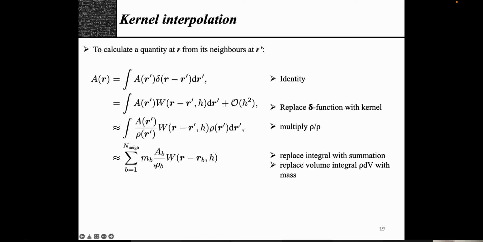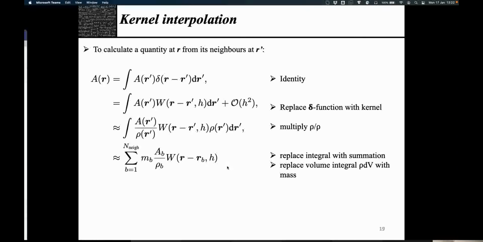So we can see that the mass of the particle is written right into all these equations. We care about the value of a of all of the neighbors, which is weighted by the density and the smoothing kernel. So quite nicely, this is how it's all calculated.